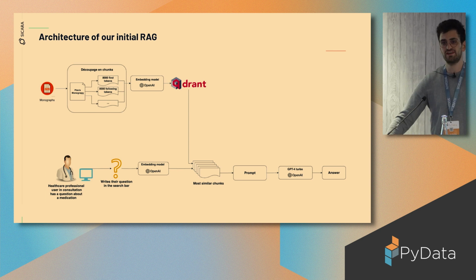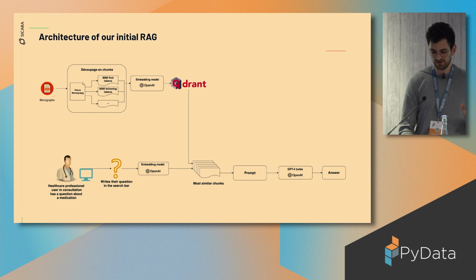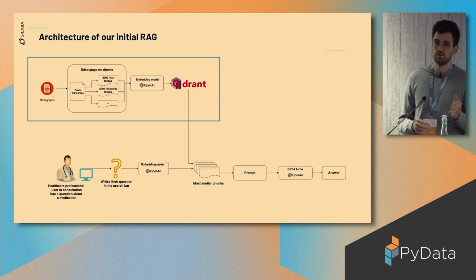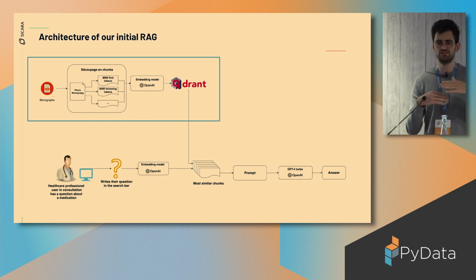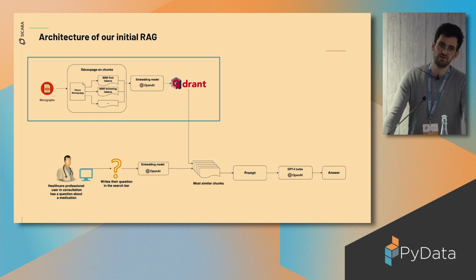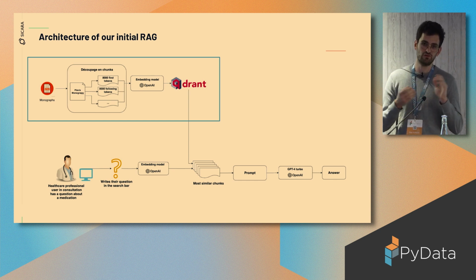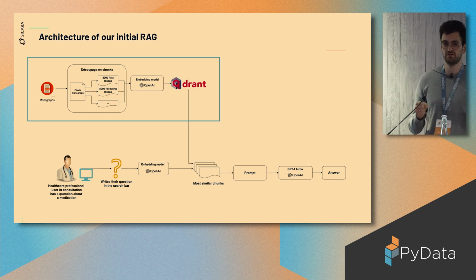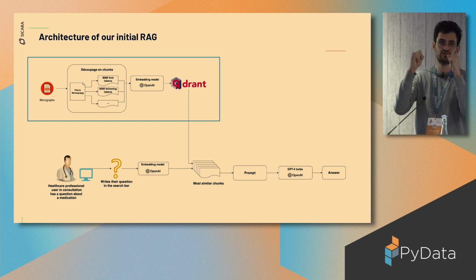So this was the architecture of our initial RAG. Basically, we have the monographs. We chunk them, so we divide them into chunks of 8,000 tokens, because 8,000 is the limit of the embedding models we are using. Then we use an embedding model, which is a model that has been trained to semantically represent the information.